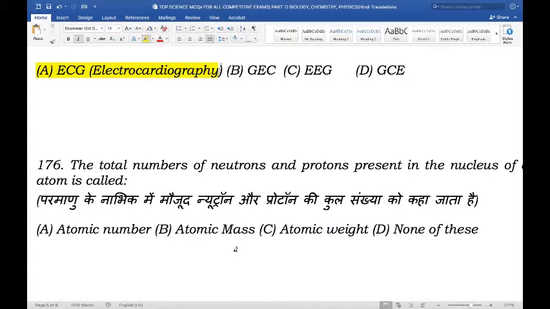So the total number of neutrons and protons present in the nucleus of an atom is called the atomic mass. Atomic mass is a weighted average of all the isotopes of that element. So the atomic mass of an element can be found under the elemental symbol on the periodic table.